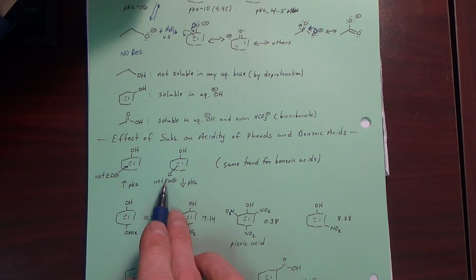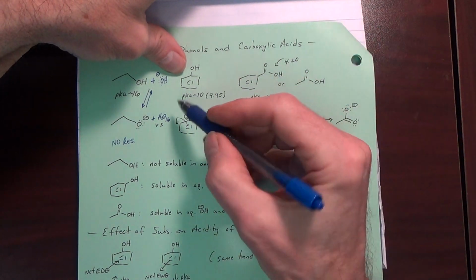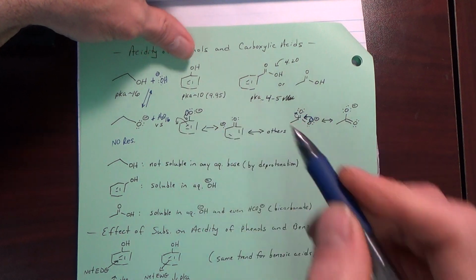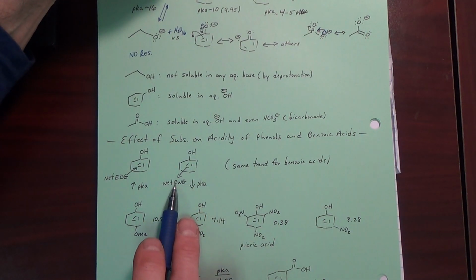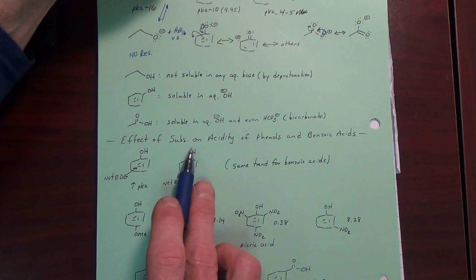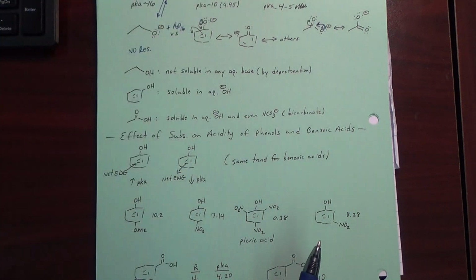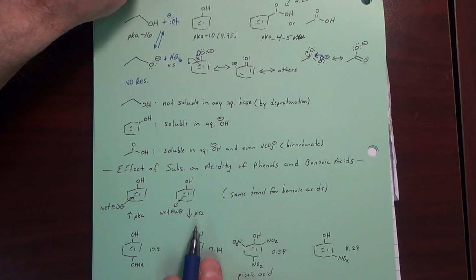This should make sense. We're looking at stabilizing the anion here. How do you stabilize an anion? You pull electrons away. Okay? Like here. If the group is a net withdrawer, it's going to stabilize the anion that's formed in the ring. It's going to make that anion more likely to form, and thus the phenol is more acidic.